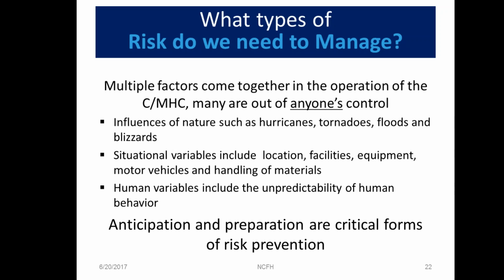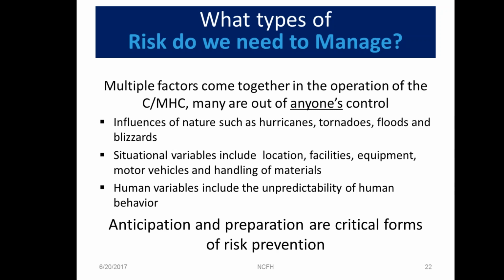I was in Homestead, Florida within 24 hours after Hurricane Andrew hit the South Florida area in 1992 with a favorite photographer of ours, Alan Pogue. And what a privilege that was to see and to experience firsthand the risk factors that came into play at our community and migrant health centers in that area.